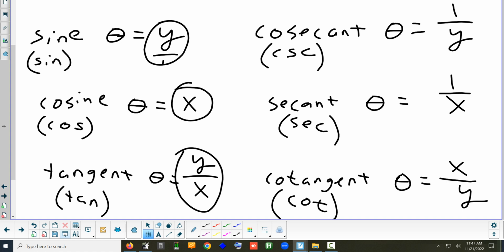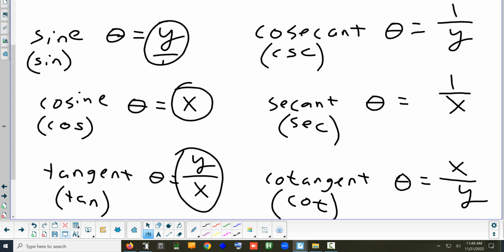Generally, when you write a trig function, they all have a 3-letter abbreviation. That's what we'll be seeing pretty much for the rest of the time we do trig. Both tangent and cotangent can be undefined. Can all of them except sine and cosine be undefined? Yes. Every single one of them has a way to be undefined.